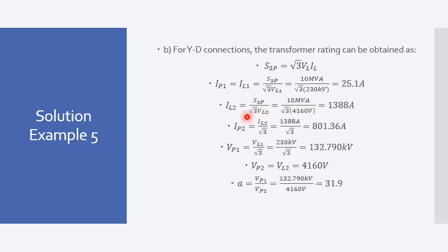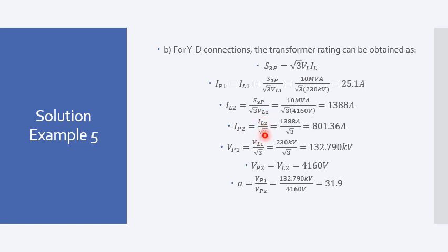For the secondary winding, the secondary connection is delta. The line current is S divided by √3 V line 2, which is 1388 A. Because of the delta, the phase current is not equal to the line current. We need to divide by √3.